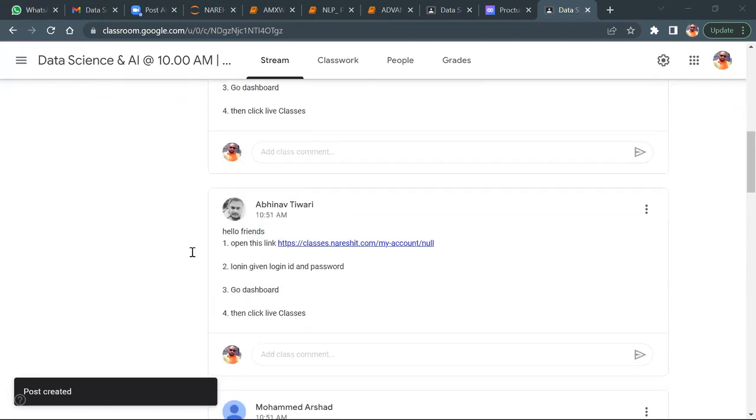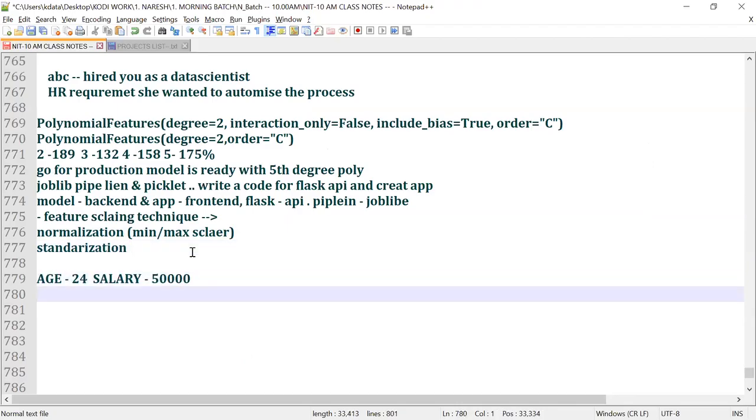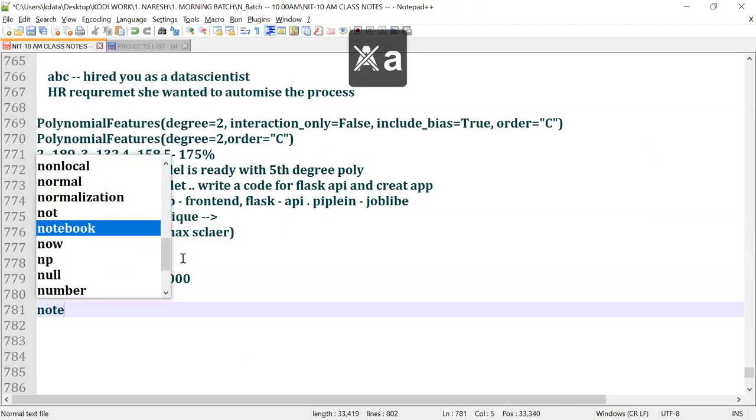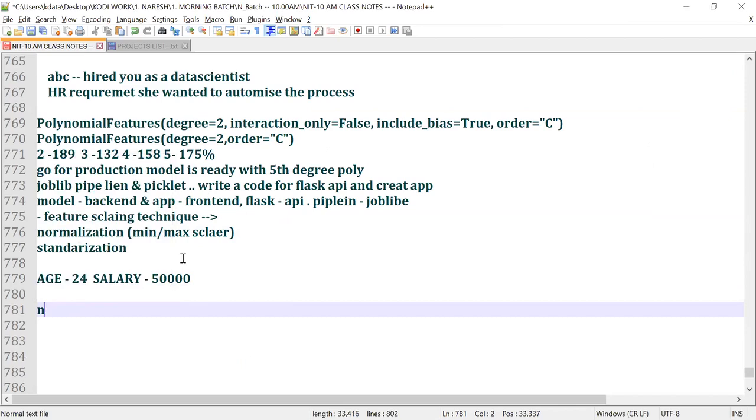So if the age is 24 and the salary is 50,000, what is the scaling doing in normalization? So what happened: age 24 has converted to 0.5, correct?